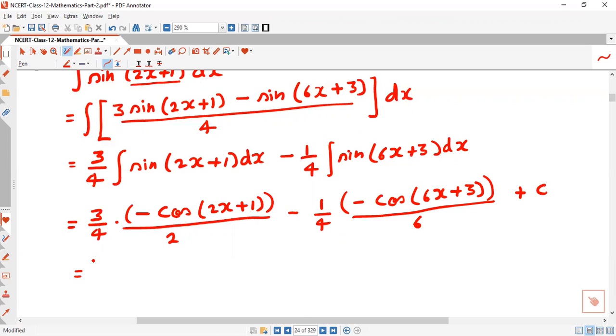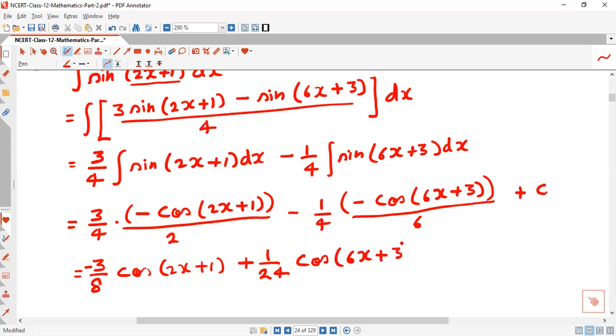Now minus 3 by 8 cos 2x plus 1, minus minus plus, 4 into 6, 24, 1 by 24 cos 6x plus 3 plus some constant c. This is the answer of this question.